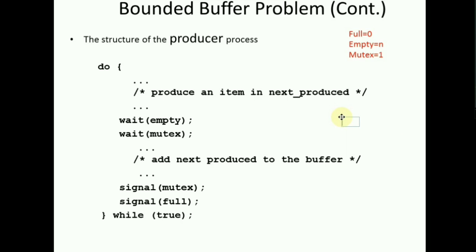Empty, I am taking it as E. E becomes n minus 1. Previously if there were 5 empty buffers, now there will be 4. And mutex, I am calling it M, and now M will be 0 because the producer process is using it.